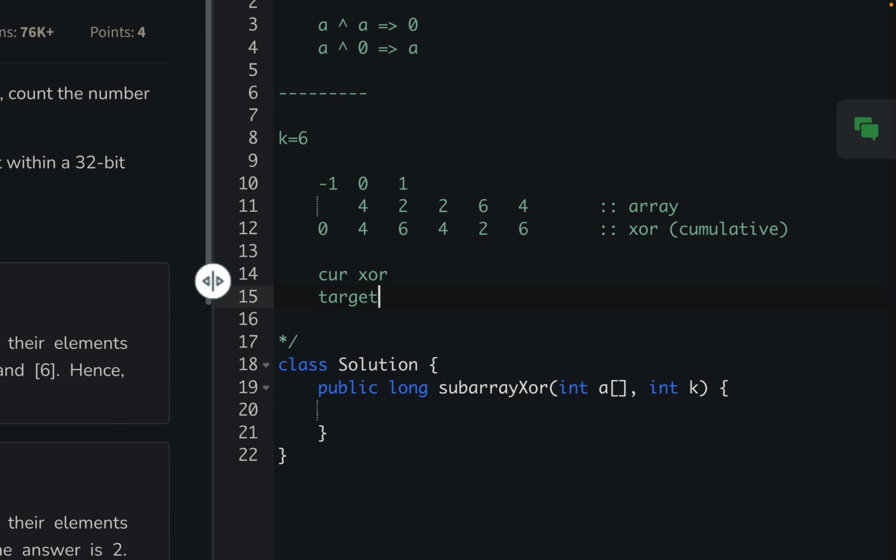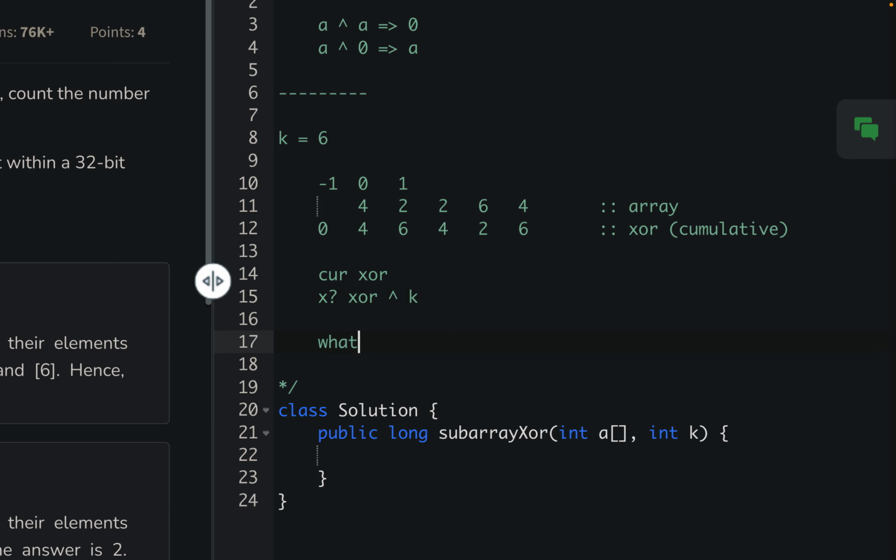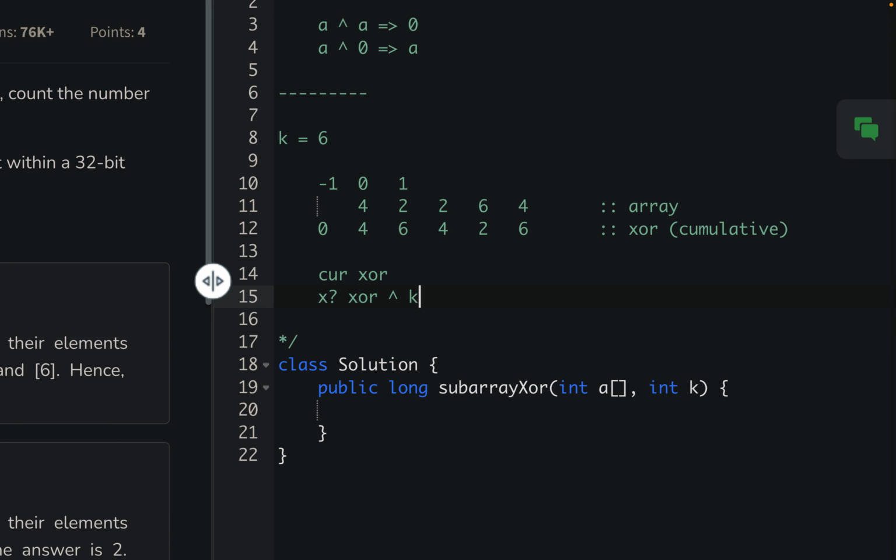So I should get a target, and since we need K from the subarray, our target would be XORing with K. If you have K and you have the current XOR, you want that X. So it is something like X XORing with the current XOR would give you K. Again, it's not that complicated, but just bear with me.